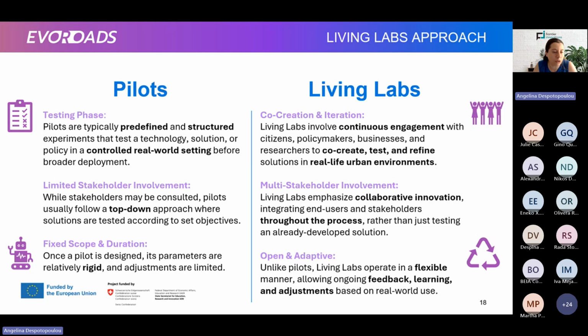As I mentioned before, pilots have a very fixed scope and duration, while the living lab is a more open and adaptive thing.